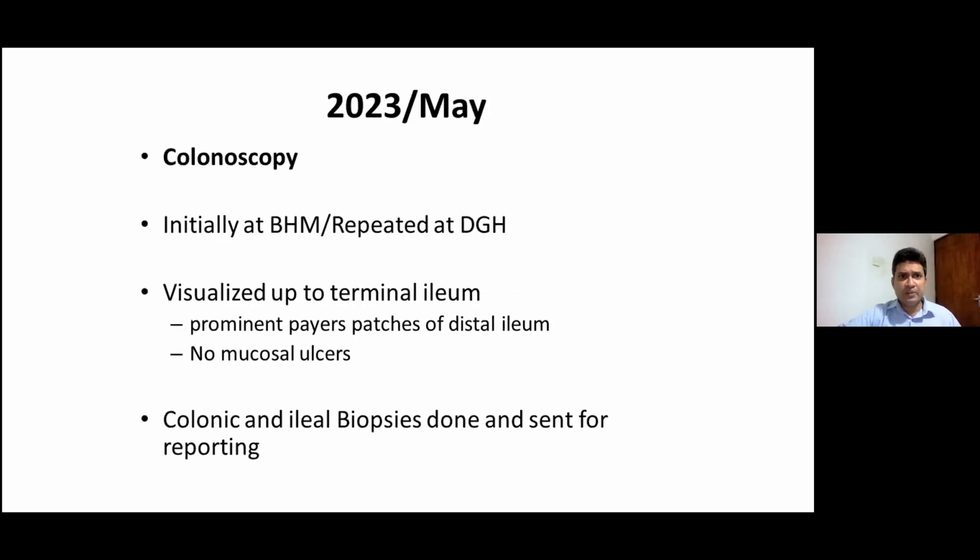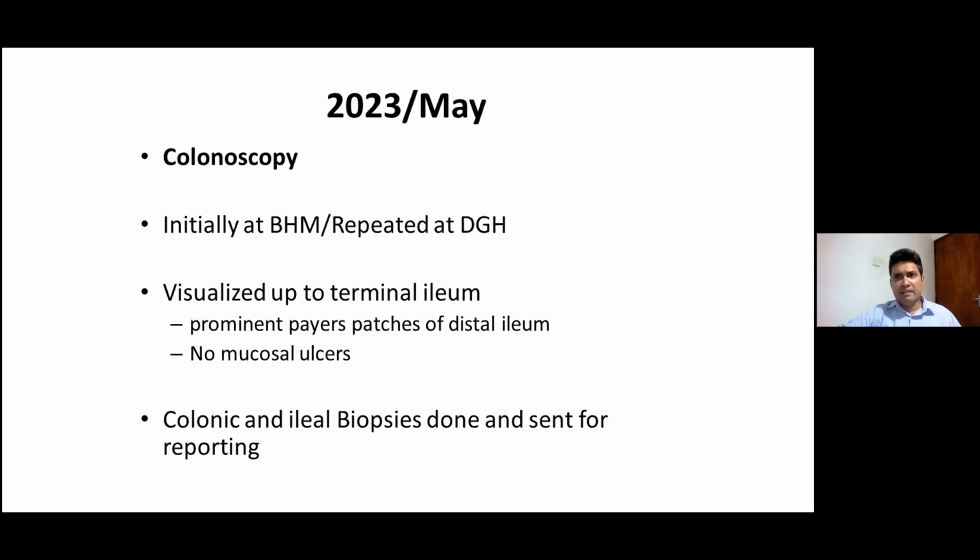Then we decided to do a colonoscopic examination. It was initially done at the base hospital, but due to technical problems, we had to repeat the test at District General Hospital also. They could visualize up to the terminal ileum, and they noted prominent Peyer's patches of the distal ileum.